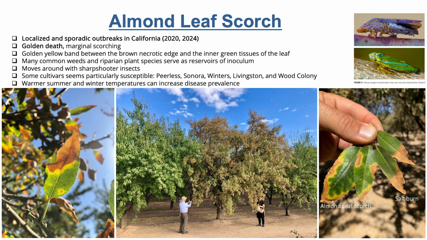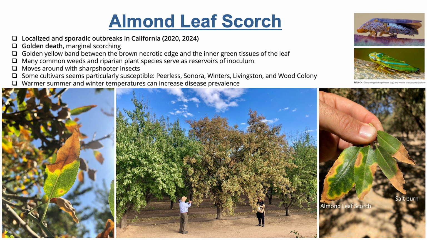Almond leaf scorch. Just a few words here. Again, it's a rare disease, but anyway, there are years, and we're not exactly sure what's going on, where we see localized outbreaks. That's always the case, or often the case for the northern Sacramento Valley. But I was just in touch with Brent Holtz in San Joaquin County.